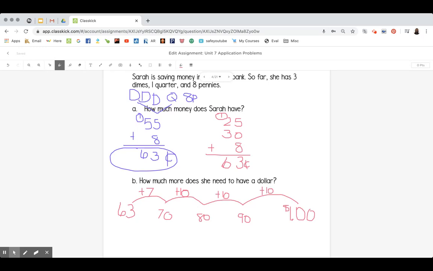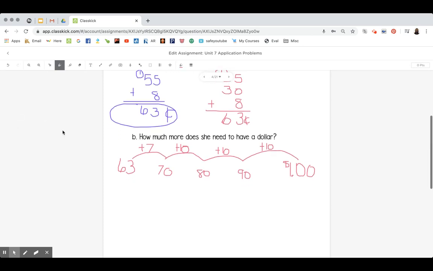Now, if you also remember from the beginning of the year, this doesn't mean I'm done, right? If the question was, how much more does she need to have to get to $1? What do I need to do to finalize my answer? Because right now I don't have an answer. So I need to add all the numbers up here.